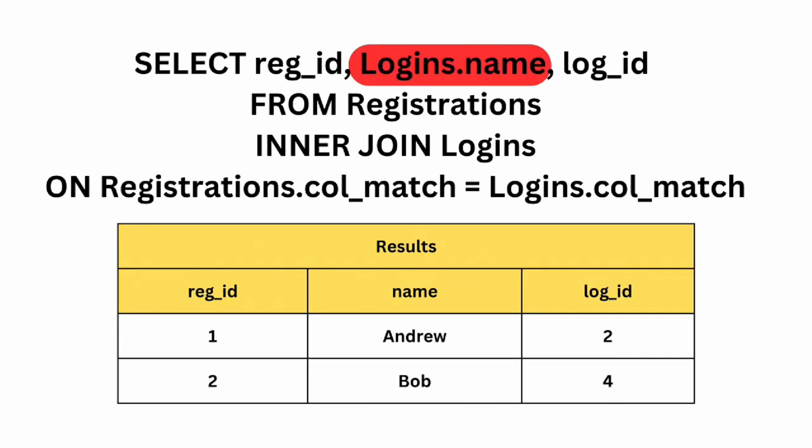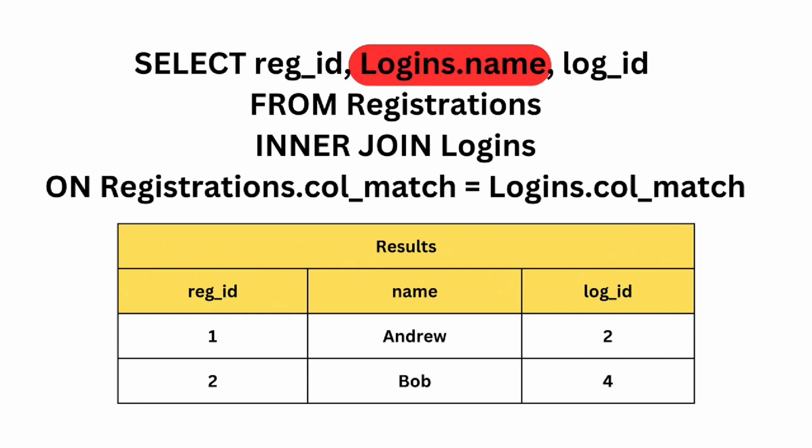So you might be wondering, why do I have to specify logins.name instead of just saying name? Well, the reason for that is because name existed in both tables. So we had both tables share a column name, which means if I'm selecting something after a join, I should specify what table I'm referring to in regards to the name column. And in this case, it doesn't really matter.